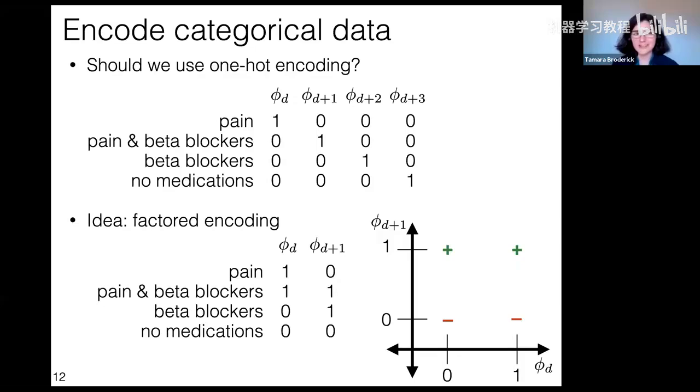Something that's worth noting is that this looks a lot like binary encoding, right? I mean, technically it is a binary encoding. We have a 0, 0, we have a 0, 1, we have a 1, 0, we have a 1, 1. But it's not quite binary encoding in the sense that we didn't just use any binary encoding. We were very careful to say that the 1s represented having a medication, and the 0s represented not having it.